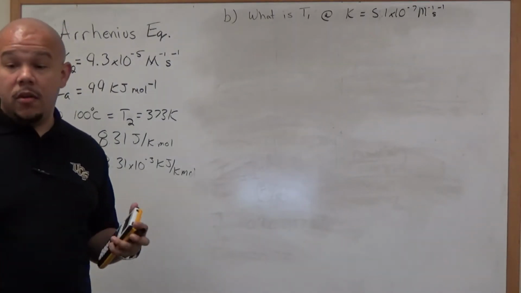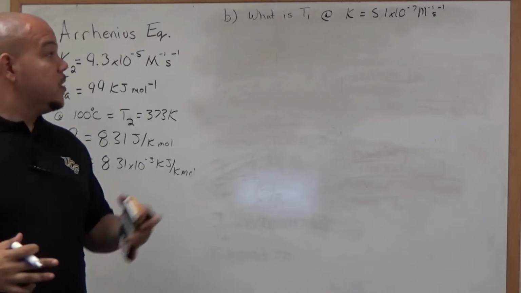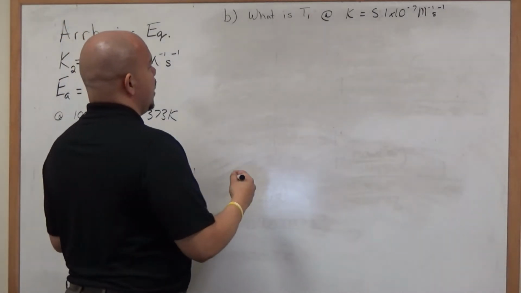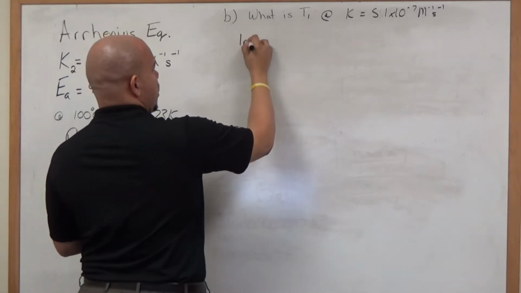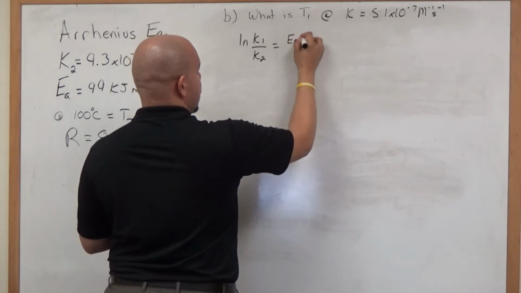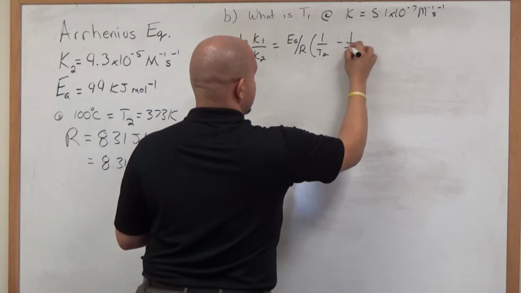Okay, so now we must rearrange the equation to solve for T1. If we look at the original equation, ln K1 over K2 is equal to EA over R, 1 over T2 minus 1 over T1.